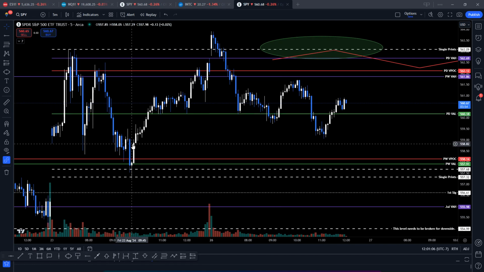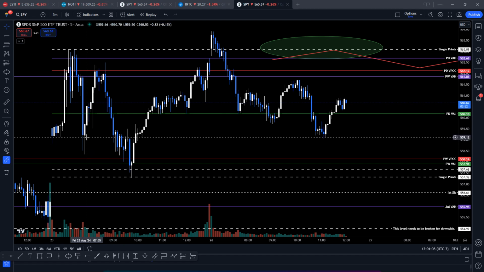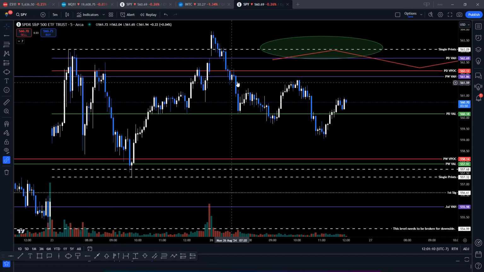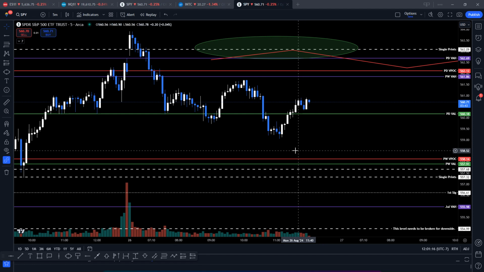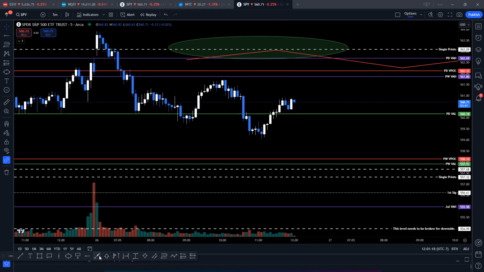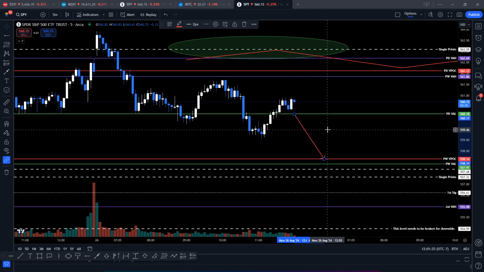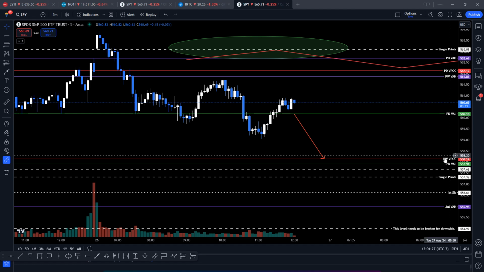I pointed out there's a pretty good chance that we would bounce from here if we had come back down. There seems to be a pretty strong support level there, at least on the 5 minute. But you also would not be wrong targeting the previous week POC or VPOC.